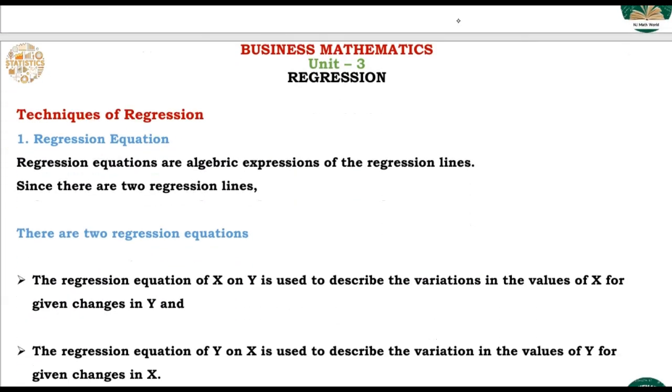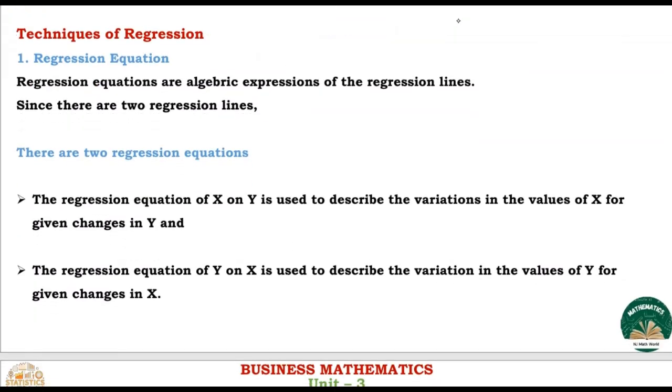So here we have some techniques to find regression. The regression equation is an algebraic expression of the regression lines, since there are two different types of lines. So what are the two different types of lines and their equations? The regression equation of x on y is used to determine the variation in the value of x when y changes.